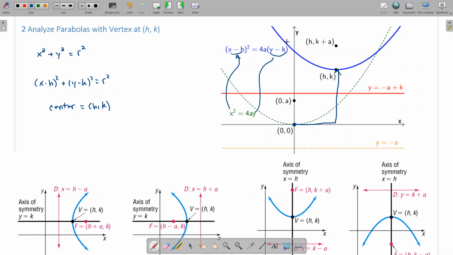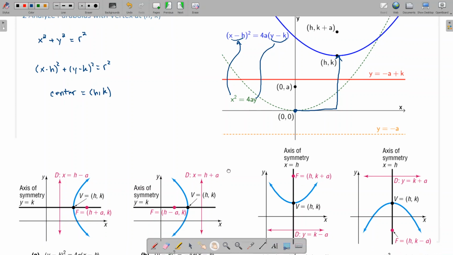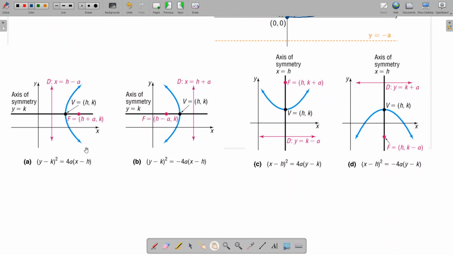So really the equation has the same structure, it's just that the vertex has moved, either left or right, depending on whether it's positive or negative. Okay, so the figure you see down below is just illustrating what those equations look like in each of the cases, but they really are all describing exactly the same thing.